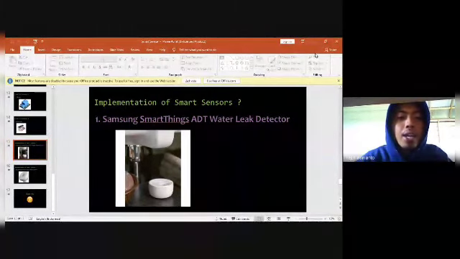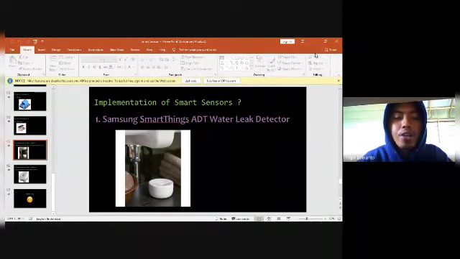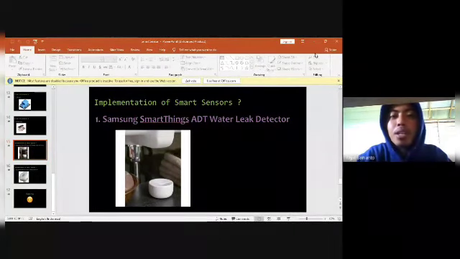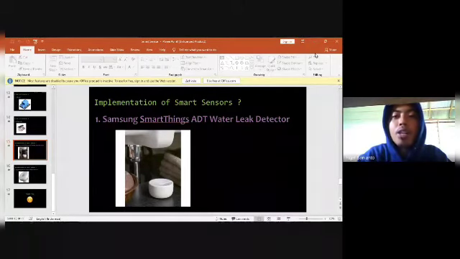Okay, in this slide, you can see the picture. This is a Samsung SmartThings ADT water leak detector. Water leaks, broken pipes, and similar problems can cost thousands of dollars to repair.